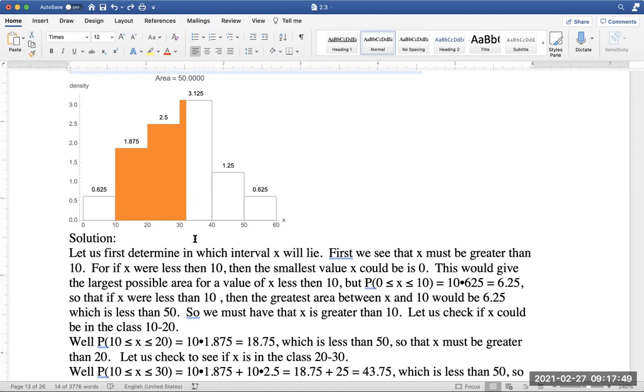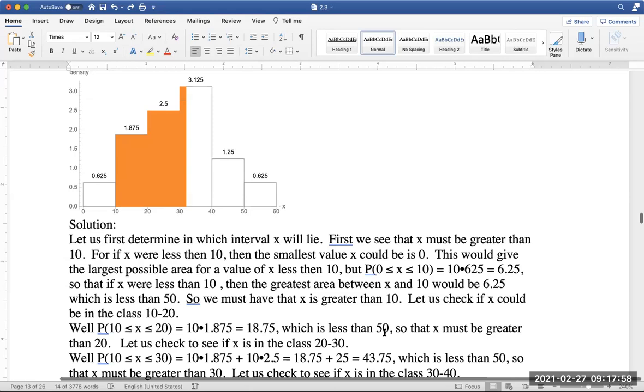So let h be this distance here from x to 30. So let h equal x minus 30.